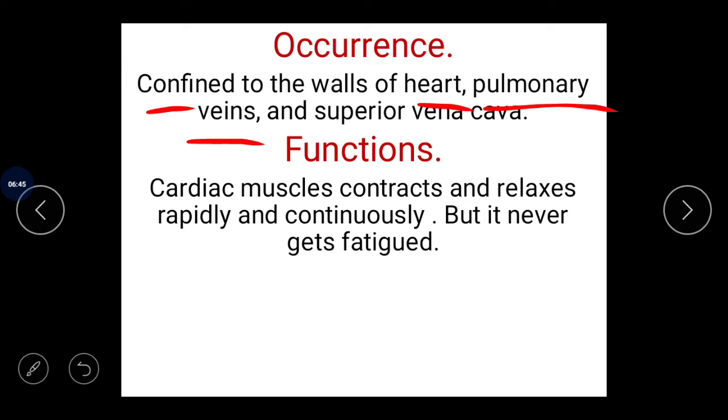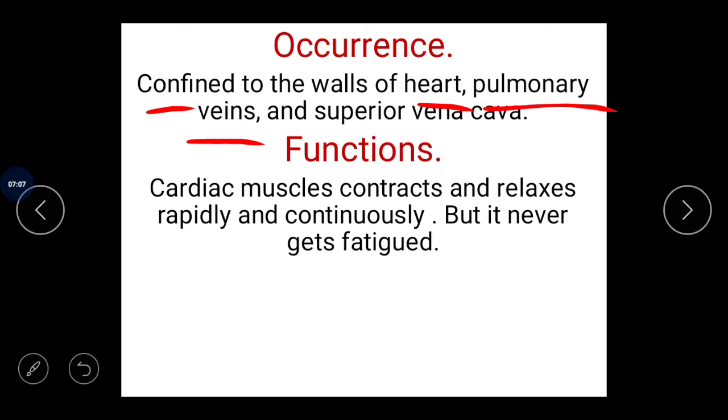Maybe you know that any blood vessel that carries blood from the heart to the different parts of the body is called an artery. And any blood vessel that carries blood from the different parts of the body to the heart is called a vein.